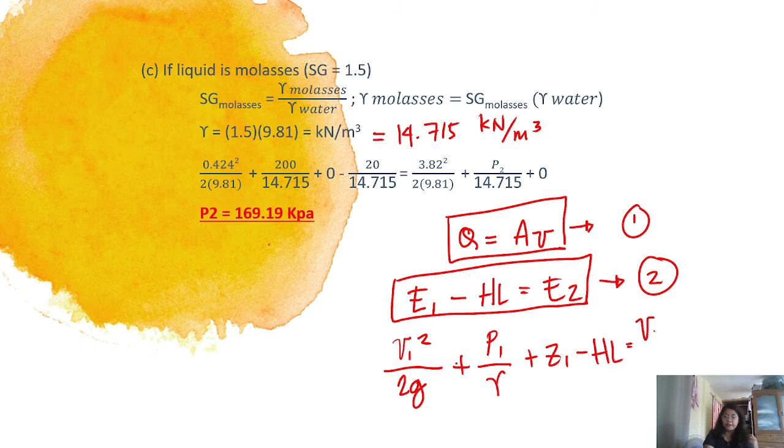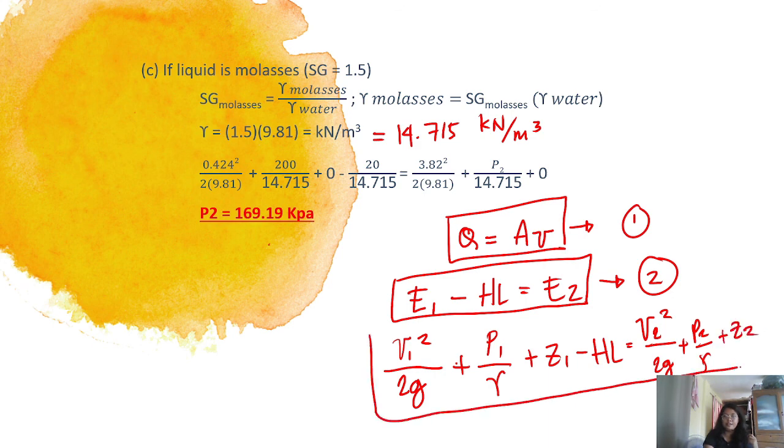So, almost the same: V2 squared over 2g plus P2 over gamma plus Z2. That's it. Okay? So basically, that's really all. Just don't forget the concepts of velocity, acceleration due to gravity, pressure, unit weight, and the difference in elevation. Usually, what is asked is the head loss, or if head loss is given, the pressure, and so on. You just keep going back and forth. Okay? So, that's it. Next problem.